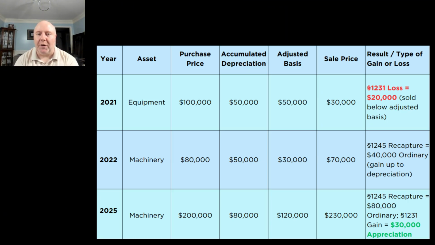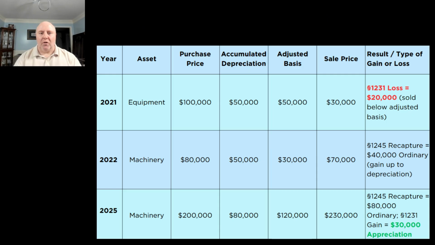And how much 1231 do you have? $30,000. We can tell right off the bat from the difference between sales price and purchase price. Whenever you sell an asset and you have a gain on that asset, the gain can only come from one of two places, or a combination of the two. It's either because the property appreciated, or because the property depreciated and you've been recouping your investment in it.